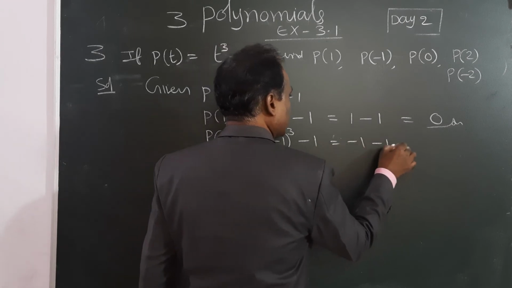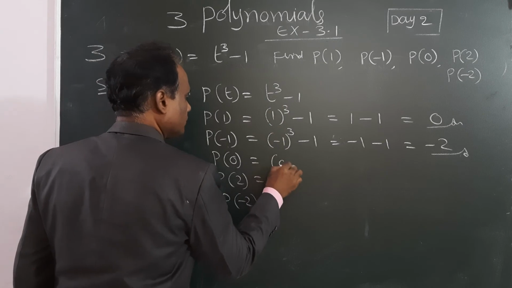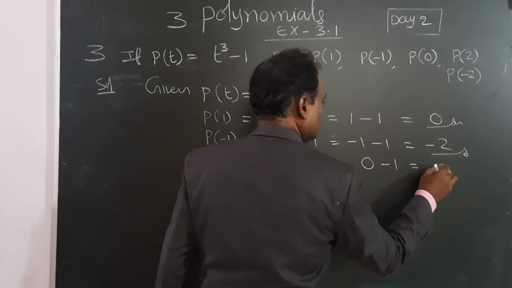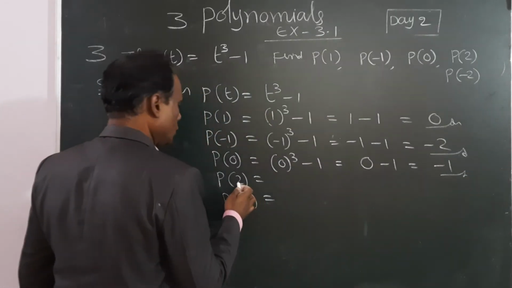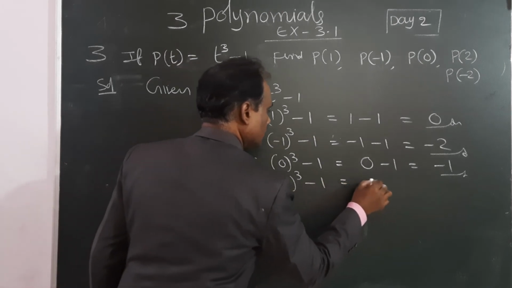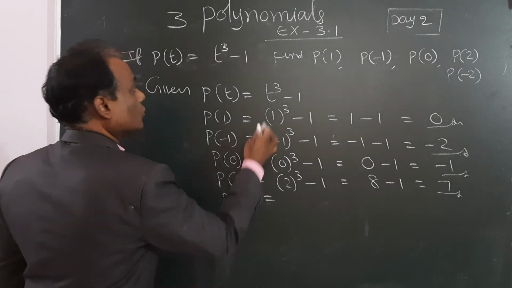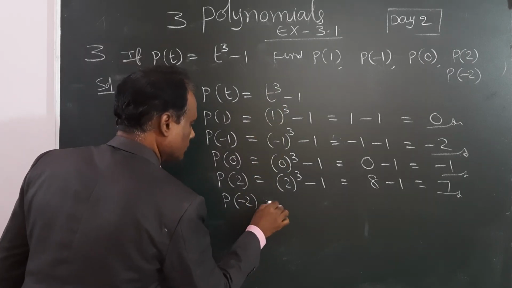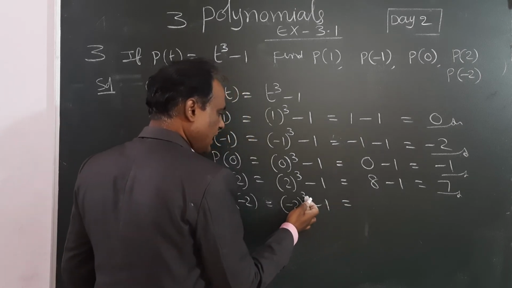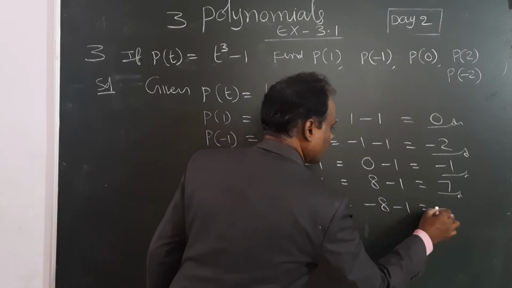Finally minus 1 minus 1... 0. Two. Minus 2: minus 2 cube is minus 8, minus 1, minus 9.